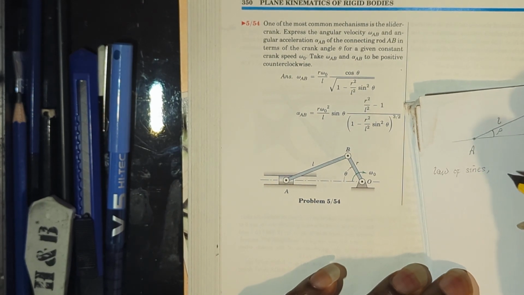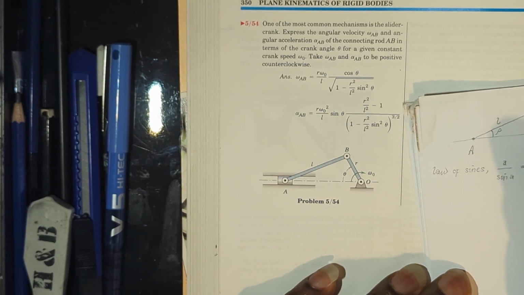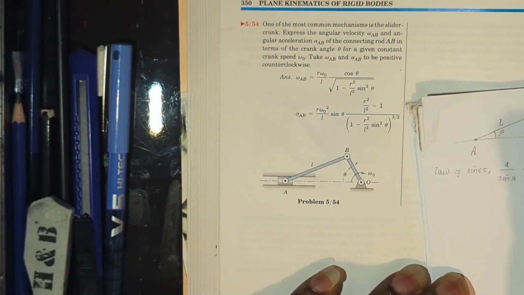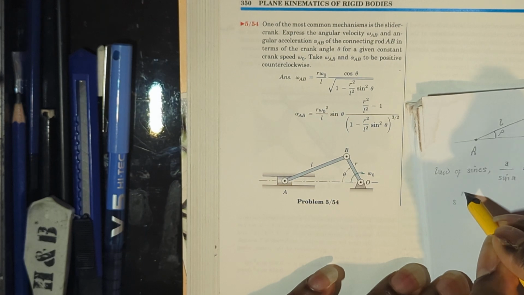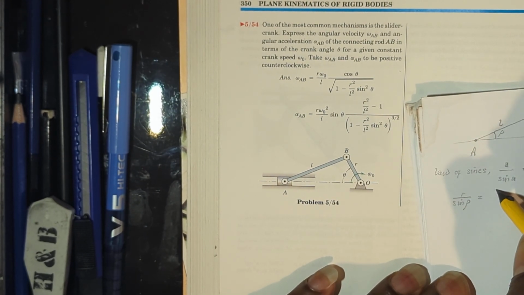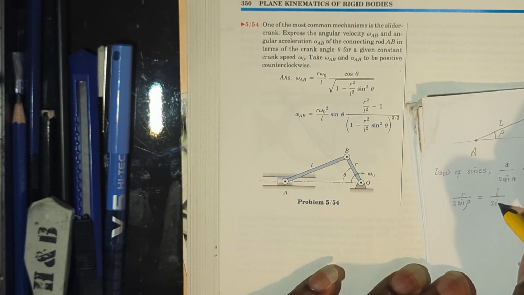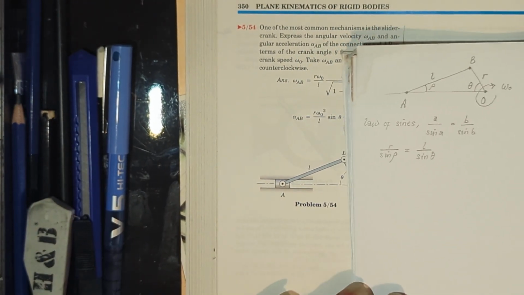In the law of sines, we have A over sine A equals B over sine B. So in this case, R over sine rho equals L over sine theta. This relation must always stand.